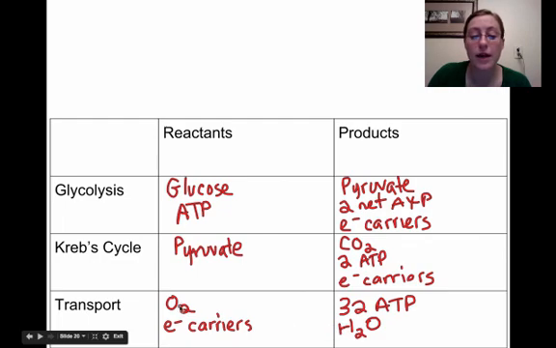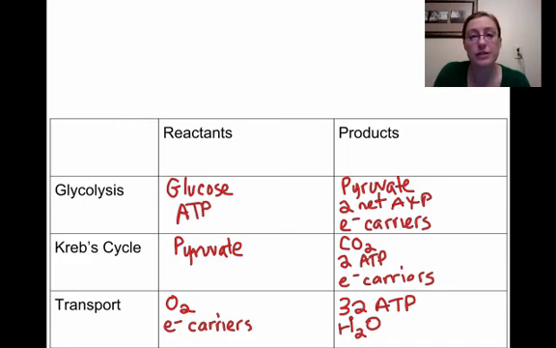Okay? Remember, the oxygen teams up with some of the hydrogen ions and the leftover electrons, and they release water molecules. So this is your overall. Remember, important notes: 2 plus 2 plus 32. We're looking at 36 net ATP, and this is the total for 1 glucose molecule.